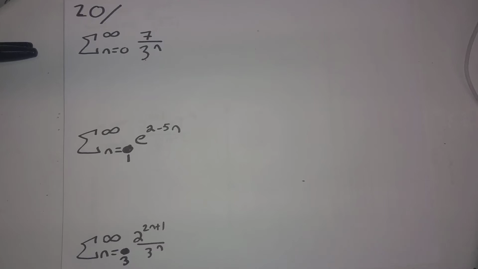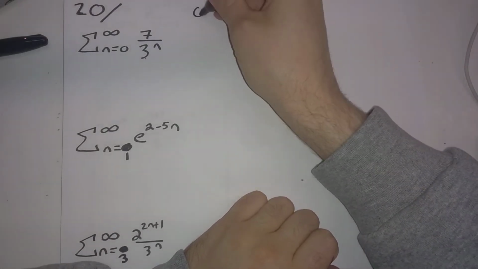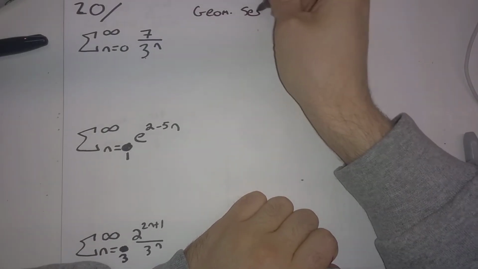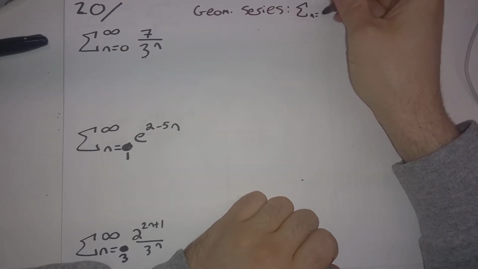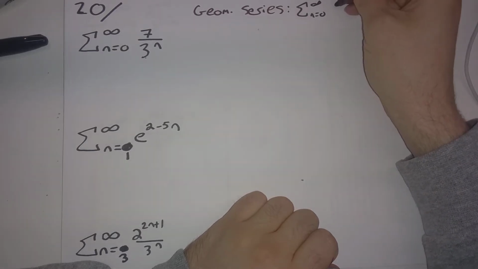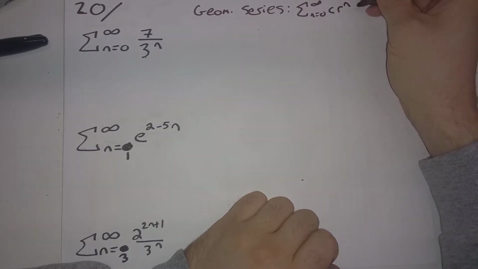Question number 20. For each series, evaluate the sum or show that it diverges. The reason all of these are together, I put together this 5-part problem, is that these are all geometric series of one form or another. A geometric series looks like the sum from n from 0 to infinity of c times r to the n.